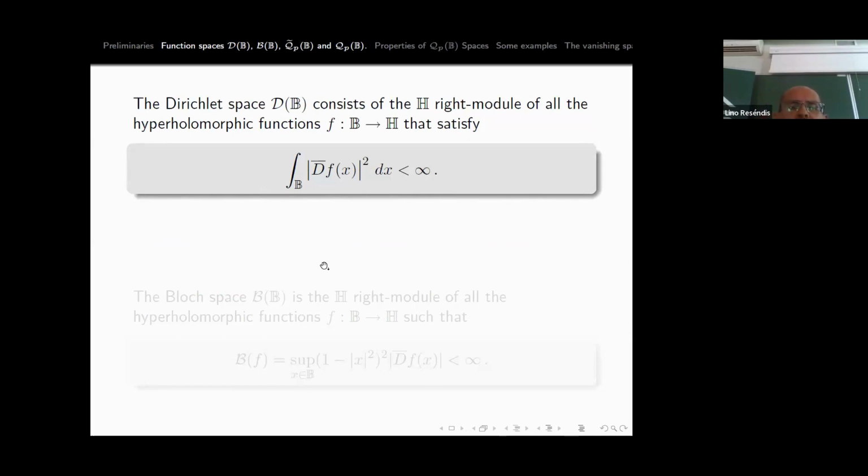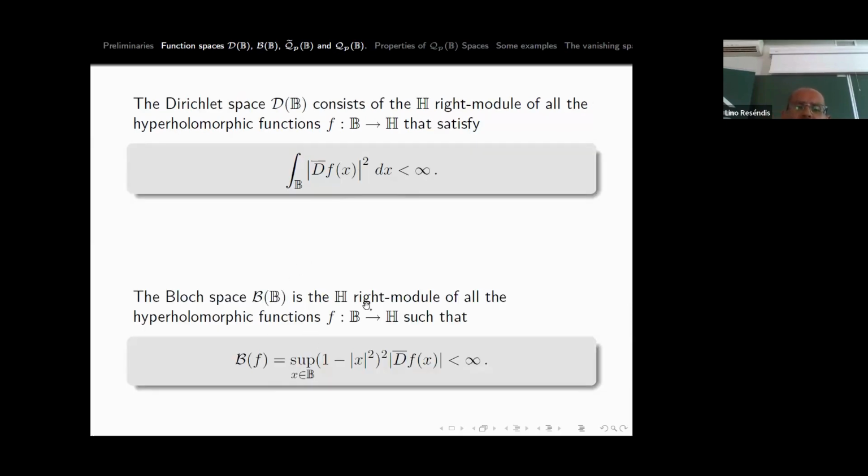And also we introduce the Bloch space, denoted by B, also as the set of hyperholomorphic functions defined in the unit ball such that this quantity is finite. As you see, we are considering here one minus the modulus of x squared, times the modulus of D bar of f. We are imitating the definitions in the very classical sense in complex analysis.